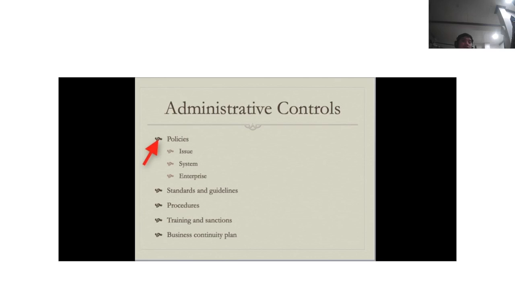And then we have hot, warm and cold sites. A hot site is where you have two data centers: your primary data center, and a secondary data center.